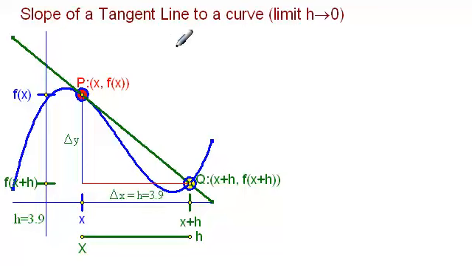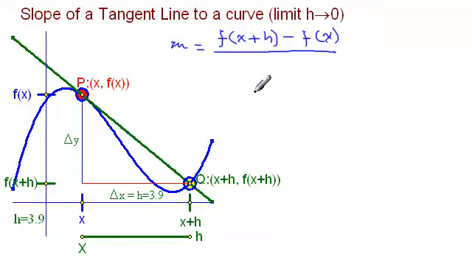The slope m is going to be y2, which is f of x plus h, minus y1, let us say f of x is y1, divided by x2 minus x1, which is x plus h minus x.